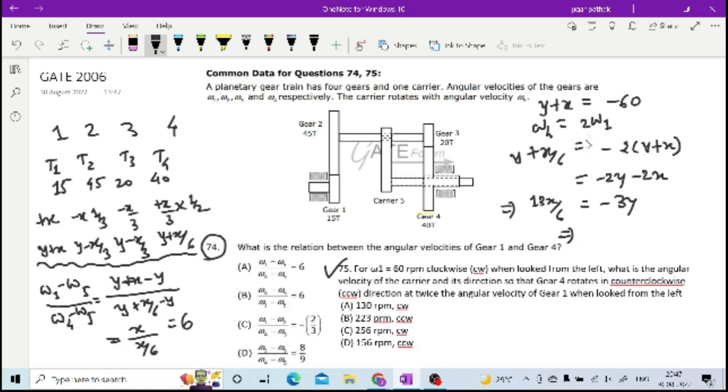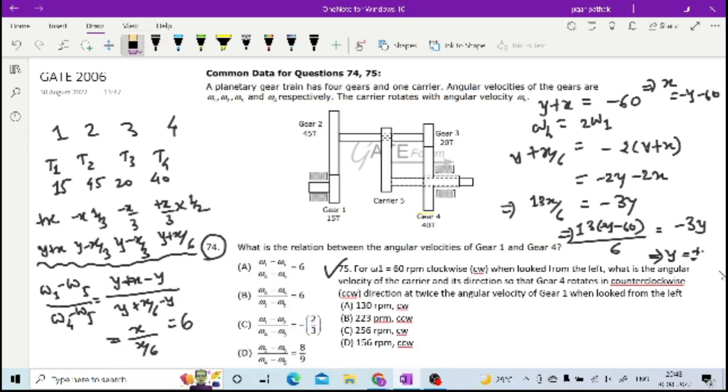Here x is nothing but minus y minus 60 from this condition, right? So if you put this minus y minus 60 divided by 6 equal to minus 3y, then when you give final simplification, your y will be coming plus 156.